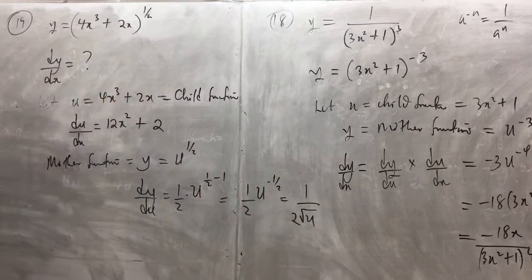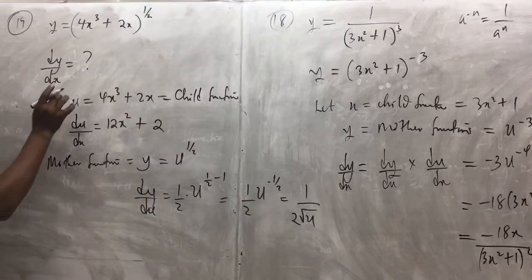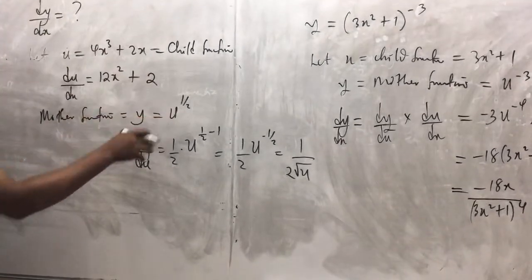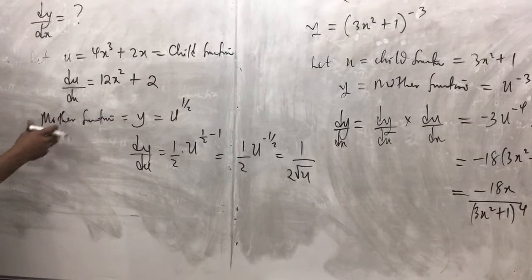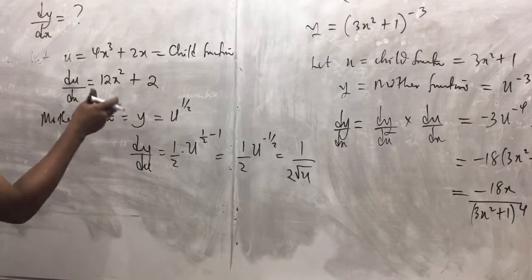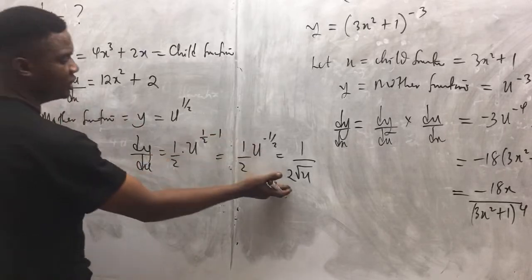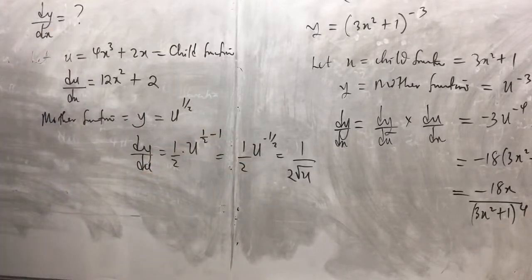If you differentiate the inner function, you will end up having 12x squared plus 2. If you differentiate the outer function, which is the mother function, you differentiate y equals u raised to the power half, using our procedure for differentiation.